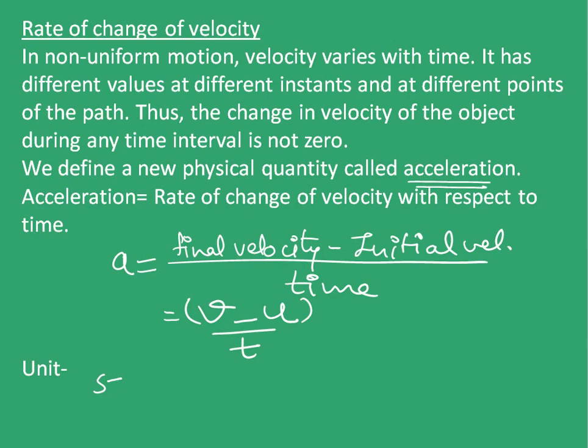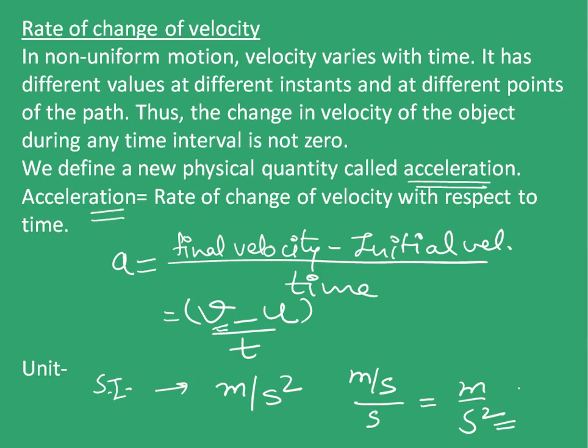The SI unit of acceleration is meter per second square, because the unit of velocity is meter per second, and then again we divide it by time, second, it becomes meters per second square. We need to understand this acceleration thoroughly to define non-uniform motions.